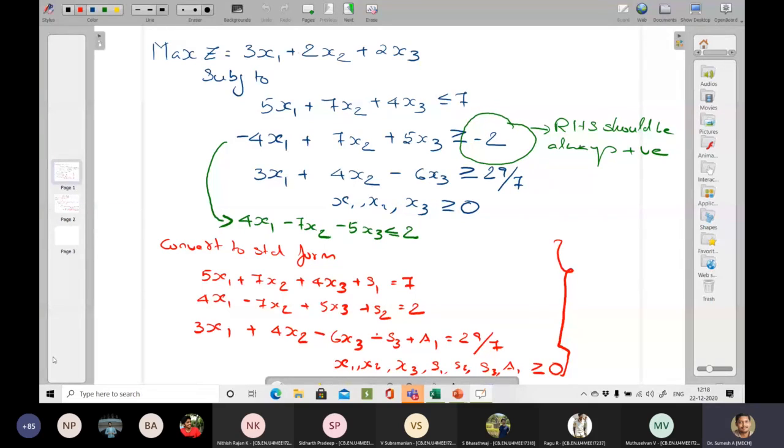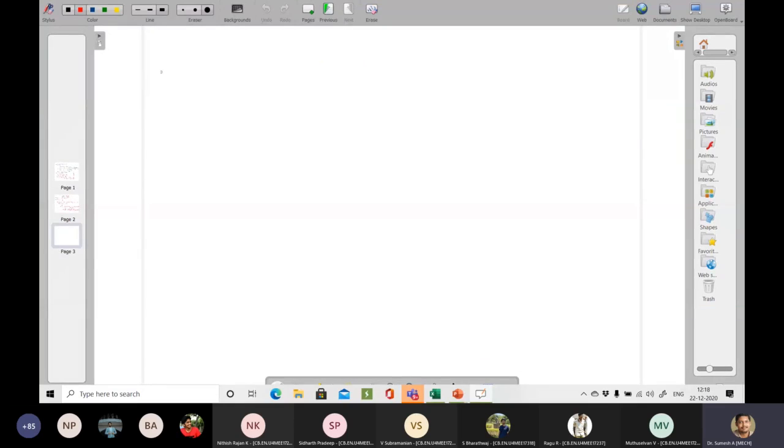So in phase 1, you will have the auxiliary LPP. The objective function will be maximize z equals minus a1. If there is one more, it will be minus a2.